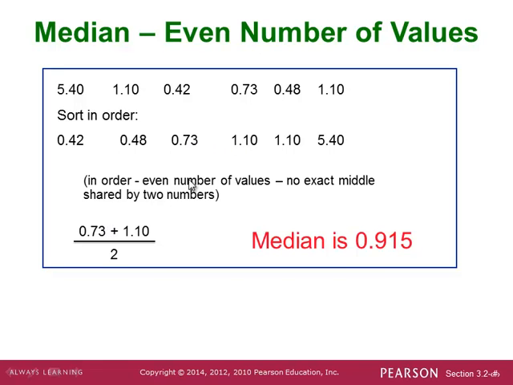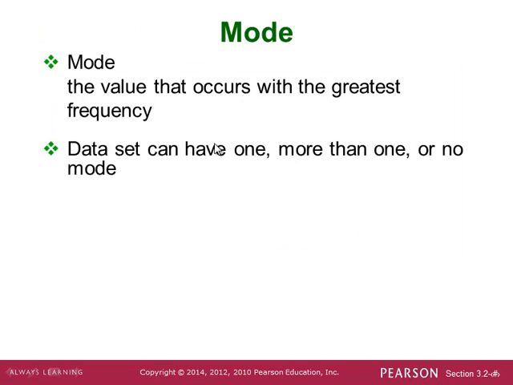So you take 0.73 plus 1.1 divided by 2, and that works out to be 0.915. So it's not surprising that the median of your data set would be some number that's not in your data set in the case of an even number of numbers.